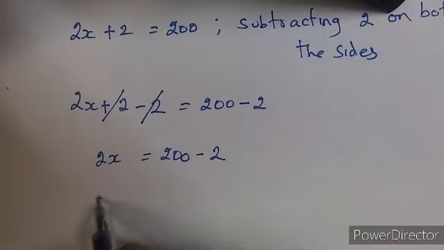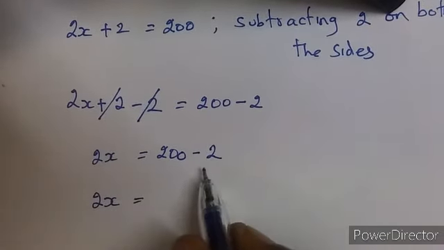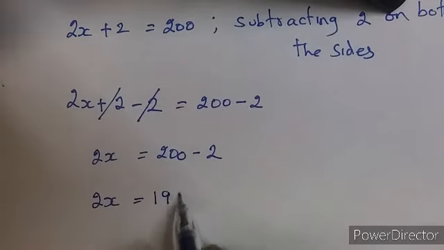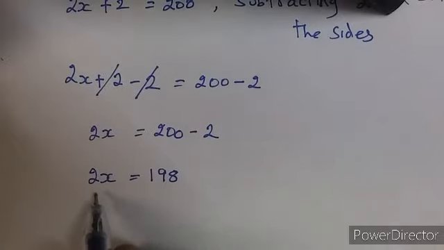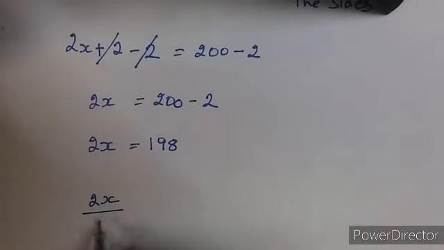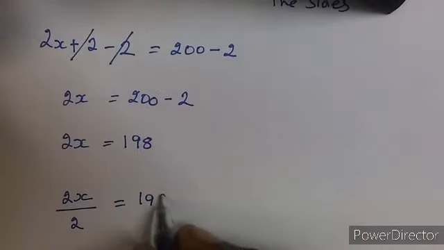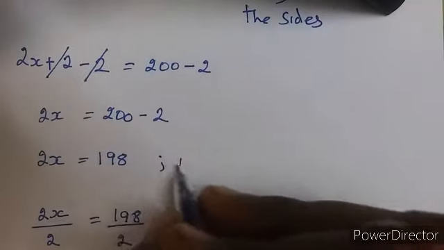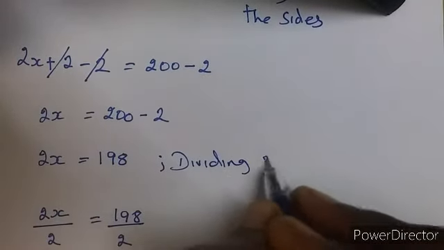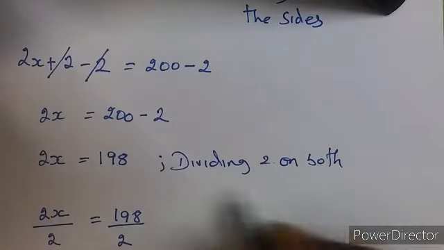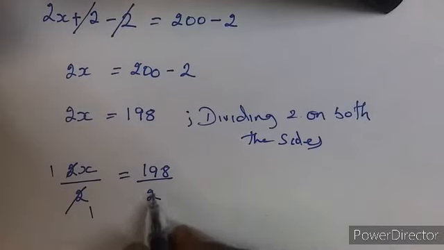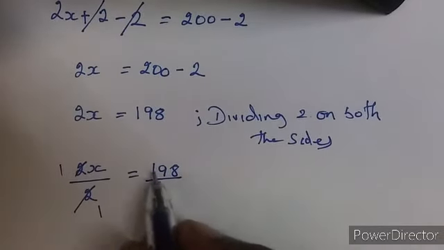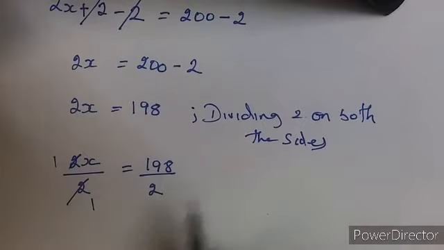Plus 2 minus 2 cancels, the remaining 2x equal to 200 minus 2. Then what do we have to do? 2x equal to 200 minus 2, which gives you 198. Now here it is multiplication, so we have to divide by 2 on both the sides. So 2x divided by 2, 198 divided by 2. In the 2 tables, check whether 198 will come.